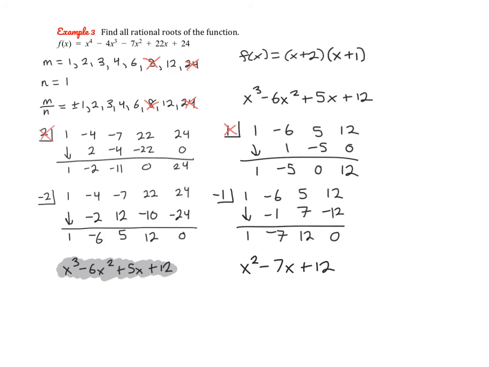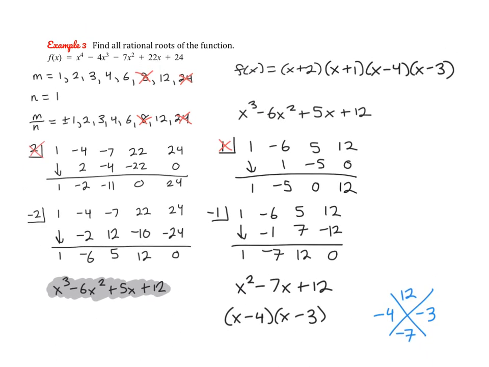So this quadratic expression is factorable. So what multiplies to make 12 and adds to make -7? We can do -4 and -3. So those are our last two factors, x minus 4 and x minus 3.